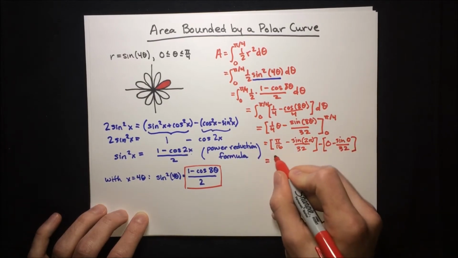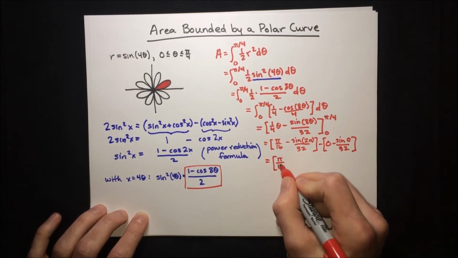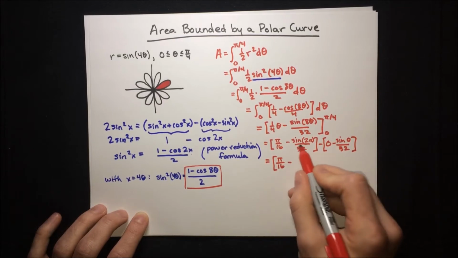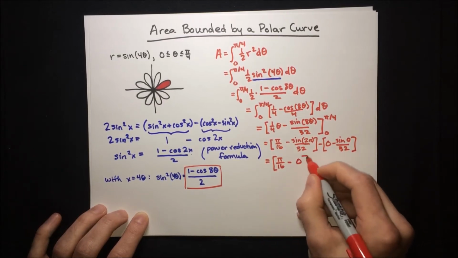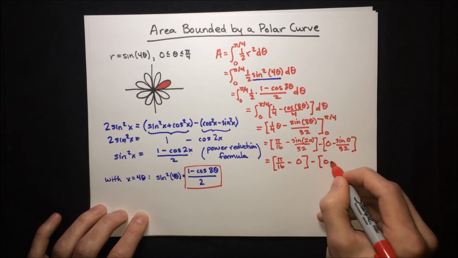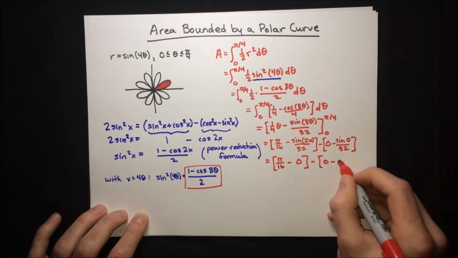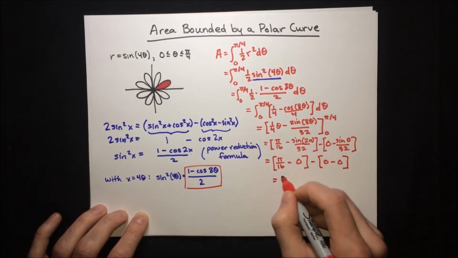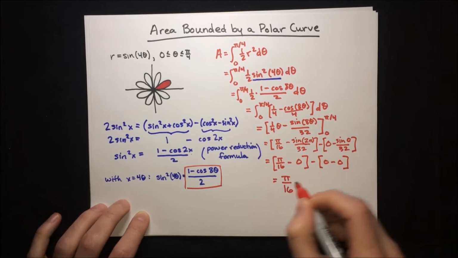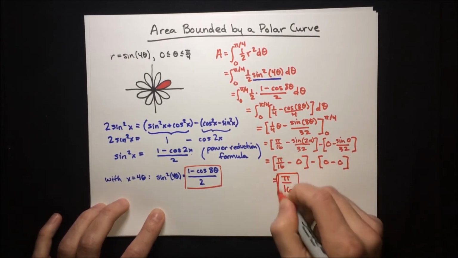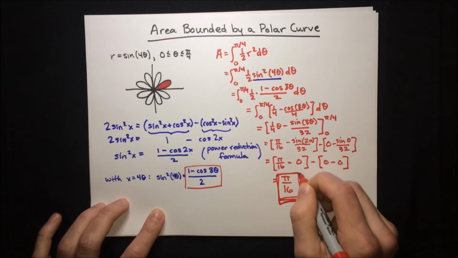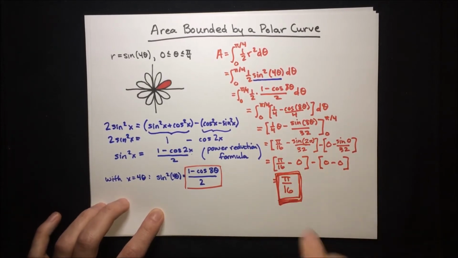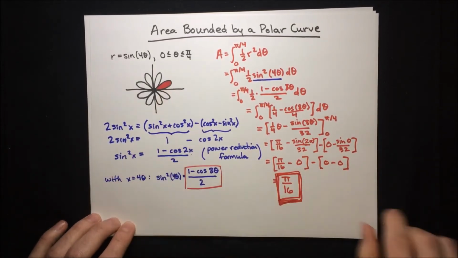So simplifying even more, that's pi over 16 minus, well, sine of 2 pi is 0, so this whole term is 0, minus 0 minus sine of 0 is also 0, so that's also 0. So it's really just pi over 16. So that is our area. Gonna box it really big. Yep, that's the area of that petal right there.